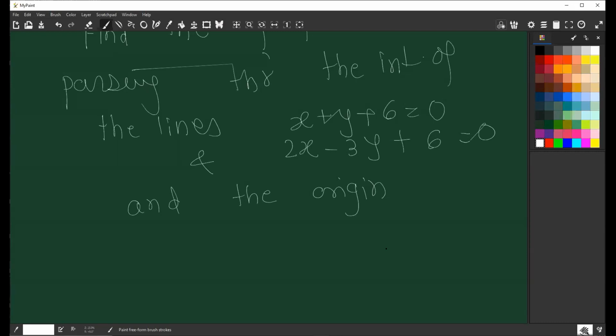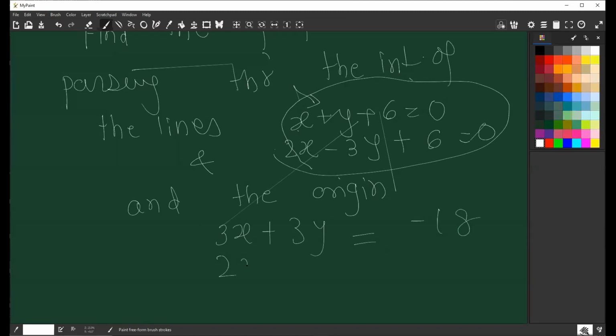You are absolutely right. You had to solve these two equations simultaneously. You can multiply this equation by 3. So you will get 3x plus 3y is equal to -18. Below it write 2x minus 3y is equal to -6. Because signs are opposite, you add.